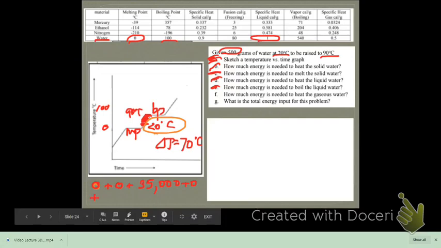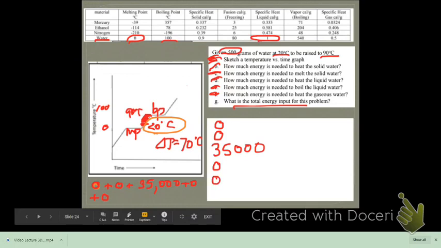And how much energy is necessary to heat the gaseous water? It stops at 90 degrees, which is a liquid. So there is no gas because there was no liquid to boil. And then finally it says what is the total energy input? Total energy input is the 0 from heating the solid plus the 0 from melting the solid plus the 35,000 from heating the liquid plus the 0 because there's no liquid to boil, there's no boiling going on, and plus 0 because if there's no boiling then there's no gas.